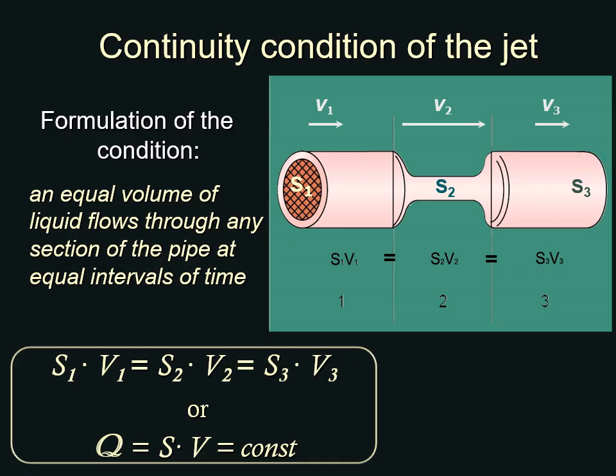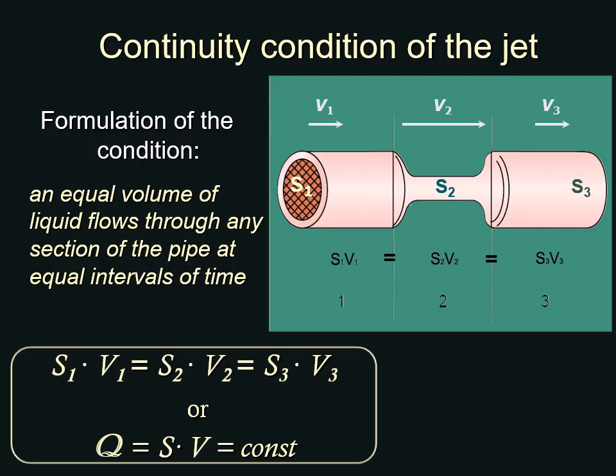So, in order to preserve the continuity of the flow, the continuity of the jet, it is necessary that the volumetric velocity of the liquid be maintained constant at any part of the fluid movement. Look at the figure in the first block of this example.